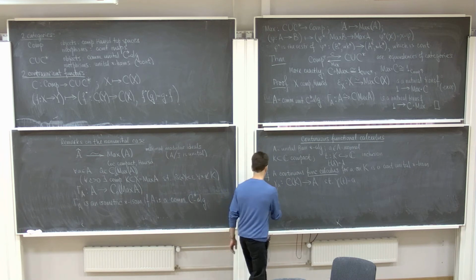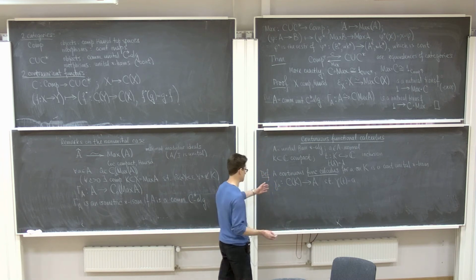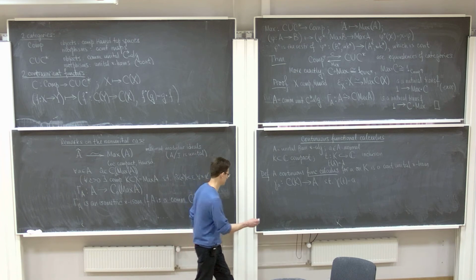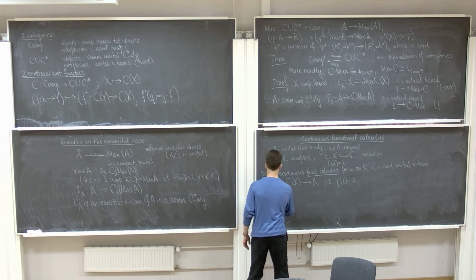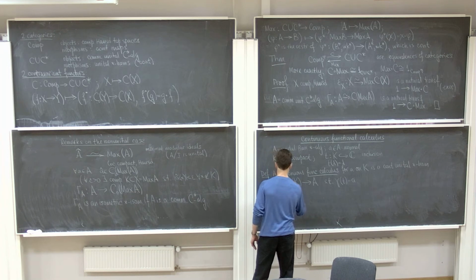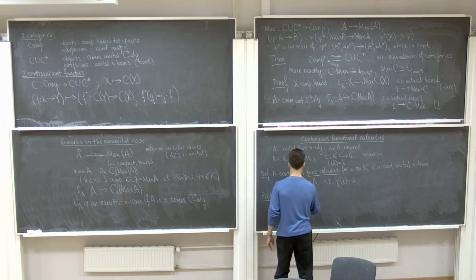Well, first of all, let's observe that if such a homomorphism exists, then it is unique. Proposition: if gamma exists, then it is unique.